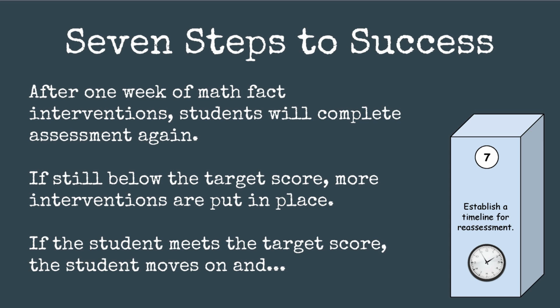And then finally, the last step is providing a timeline for reassessment. This is a key piece as well, and I think this is also where our teachers struggle, because we teach an objective, we have students who get it, we have students who don't, we provide support, and then we move on. Because of time.